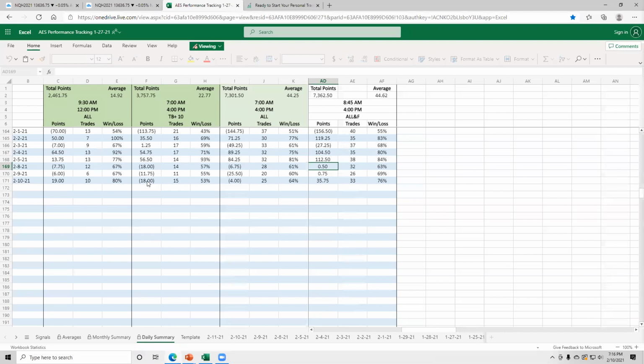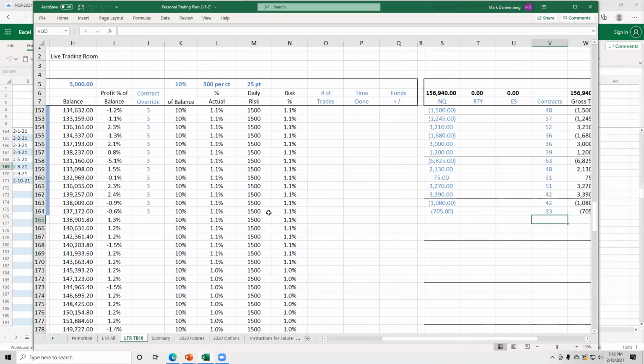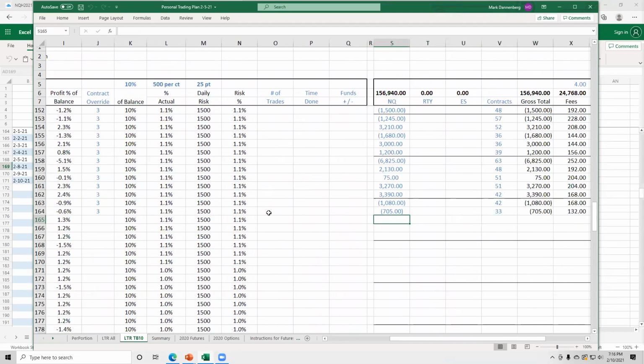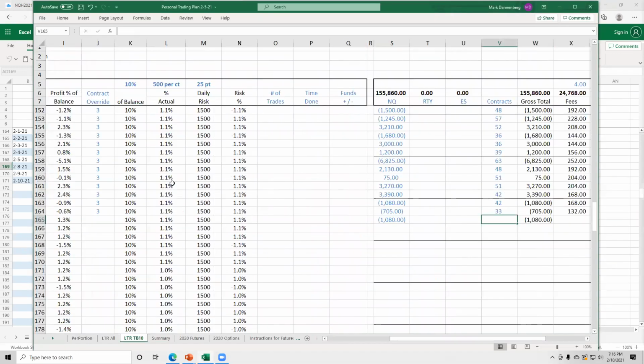So it's $20 per contract, and we're trading 3 contracts. So we're going to jump back over to our personal trading plan, and we're going to scroll over to where we enter our daily performance, and we're going to put in a minus $1,080, and we did 15 trades at 3 contracts per trade, so 45 contracts.